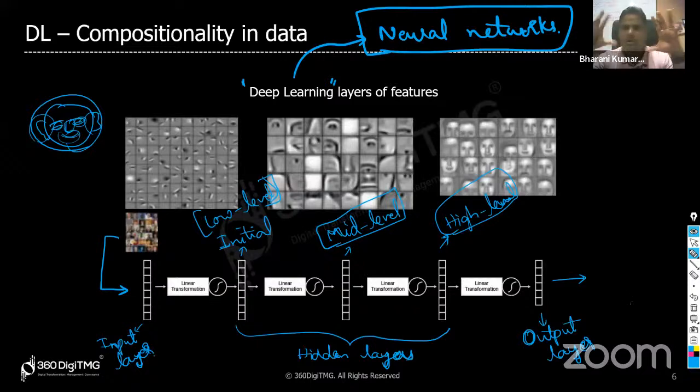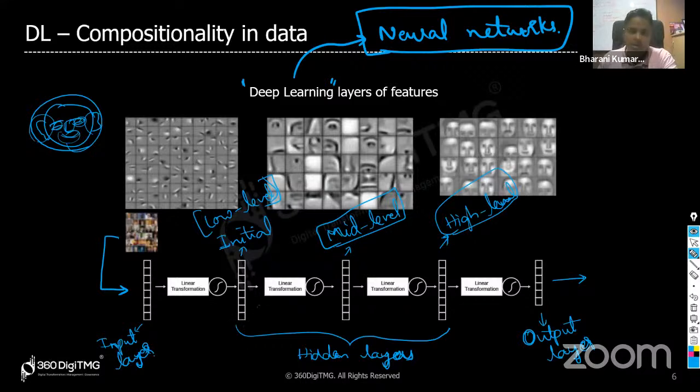So this is the high level overview. Any neural network, which is a deep learning algorithm, will have an input layer and an output layer. In between, whatever layers you have are called hidden layers. You can have as many hidden layers as possible.